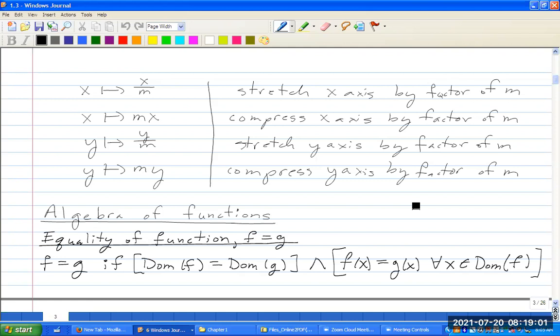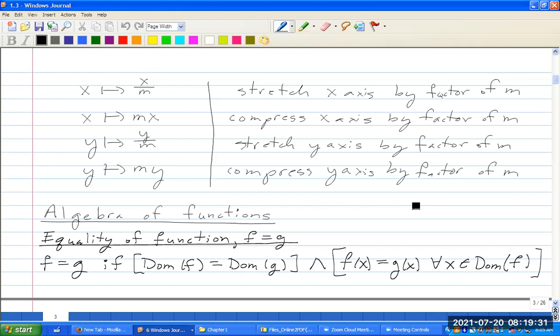I can move to the right, left, up, down by adding or subtracting from x a particular, let's say, h, and add or subtract to y some constant, let's say k. I can reflect about an axis. If I replace x by negative x, I'll reflect about the y-axis, y by negative y, reflect about the x-axis.